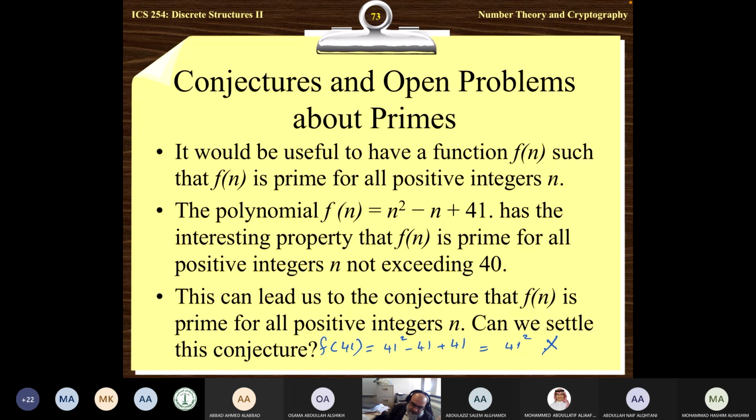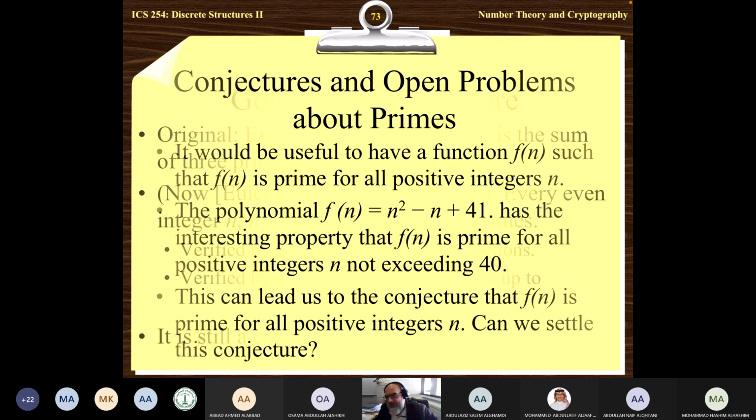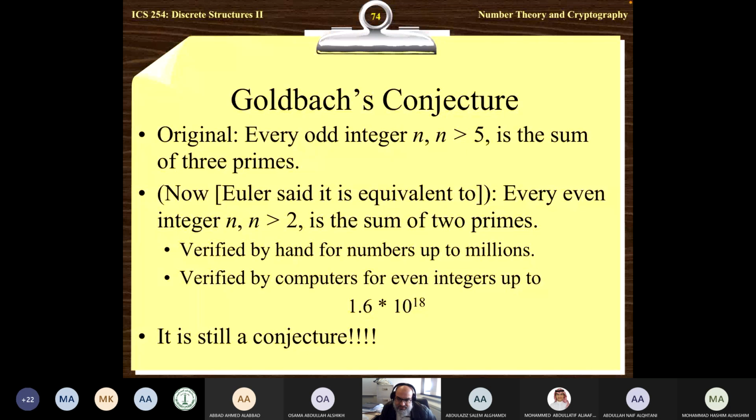Okay. So let's take some conjectures that exist so far, before we go back to problem solving. Now, Goldbach's conjecture says the following.